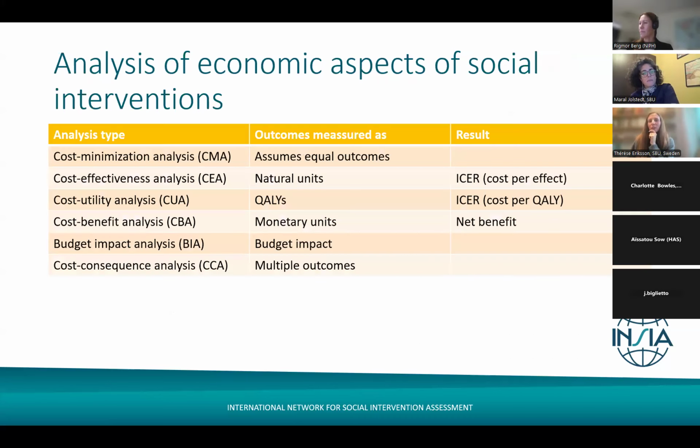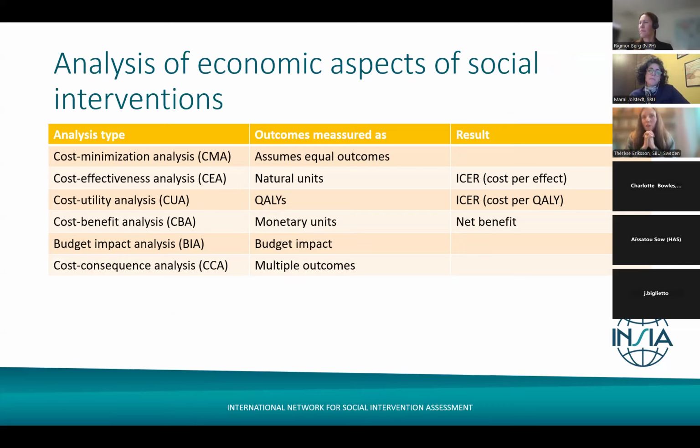So that was quick about cost benefit and cost effectiveness analysis. Cost utility analysis is when you use quality adjusted life years as the outcome measure, but it's practically the same thing as cost effectiveness analysis.